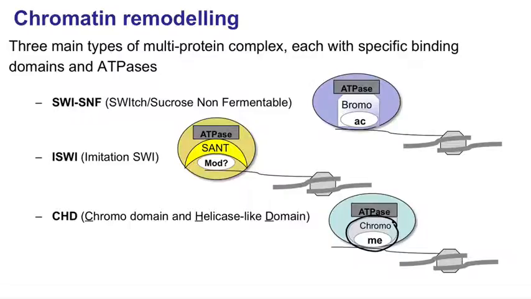And depending on the chromodomain, which protein it's found in, that will alter the function. In addition to this chromodomain, they also contain a helicase domain, and helicases are normally involved in unwinding DNA at the site of transcription or the site of DNA replication. And in this case, again, they contain the ATPase that's required for chromatin remodeling.